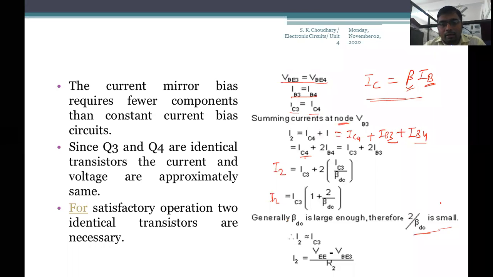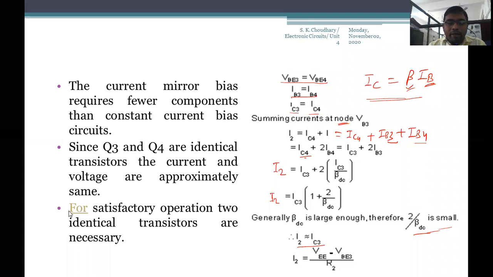So we can neglect the effect of this term in the equation. Your equation is now approximated as I2 is equivalent to IC3. So whatever current is entering transistor Q4 is equivalent to the current flowing in the collector terminal of transistor Q3.